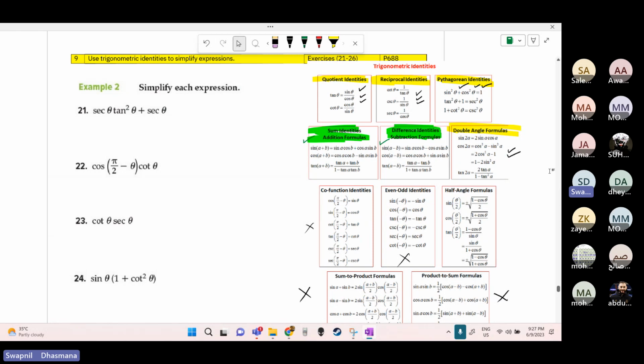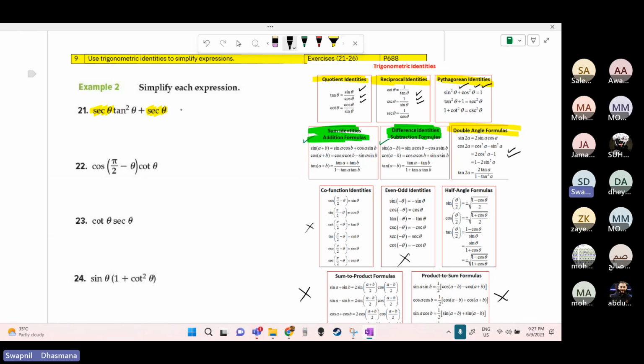Let's have a look at how to solve questions. So the first question, example, there are two parts, 1 and 2. What is the same in both? Sec theta. It's like you have 10 dirhams, I have 10 dirhams, so we can take 10 common.